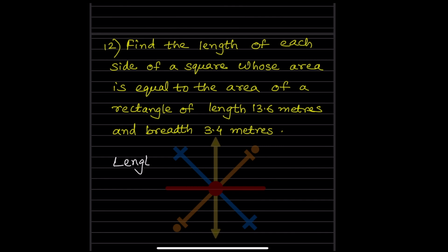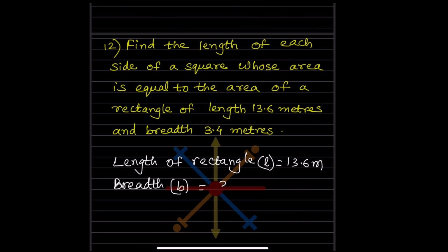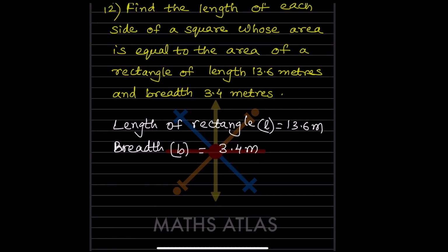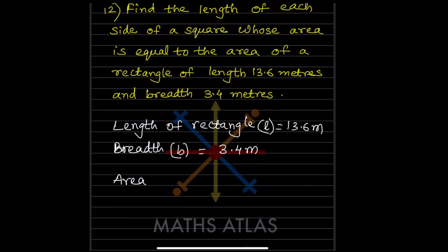Length of the rectangle, we can also write L, that is 13.6 meters, and the breadth is given, that is B, 3.4 meter. Now you know the area of a rectangle. The formula is length into breadth. So the length is 13.6 into 3.4.